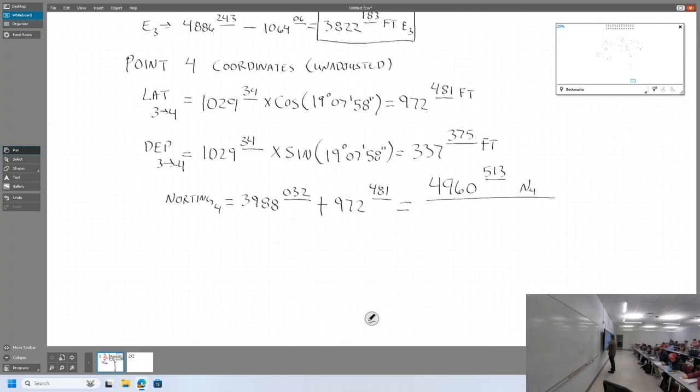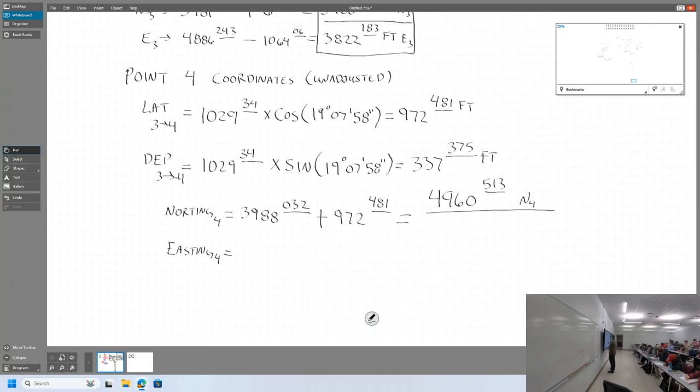Now if we do the easting, again, it's this coordinate here that we're using, 3822.138, plus the departure of 4.